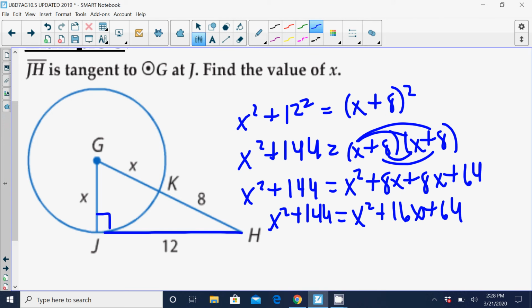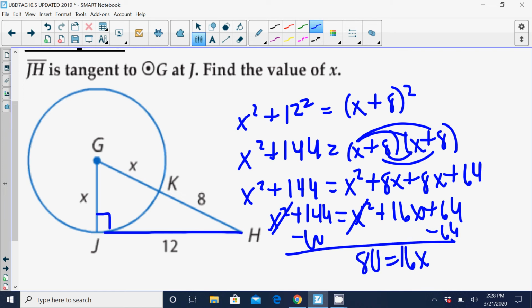Okay, when I subtract the x squareds, they are going to cancel out, which works out really nice for this problem. Next thing I'm going to do is subtract the 64, and when I subtract 64, I'm going to end up with 80 equal to 16x, and when I divide by 16, I'm going to find that my x value is 5. Whoop, whoop.